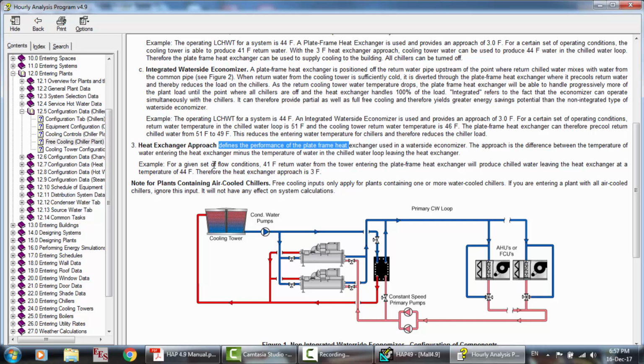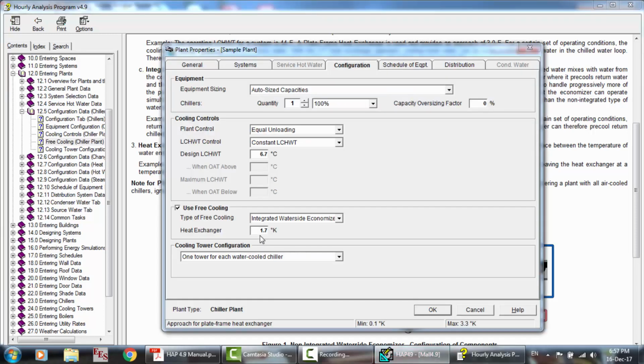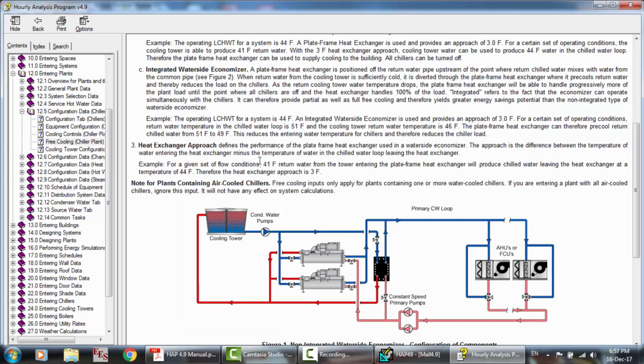So for a given set of flow conditions, 41F return water from the cooling tower entering the plate frame heat exchanger will produce chilled water leaving the heat exchanger at a temperature of 44F. Therefore, the heat exchanger approach is 3. So you can make it here 3 or 1.7 according to the conditions.